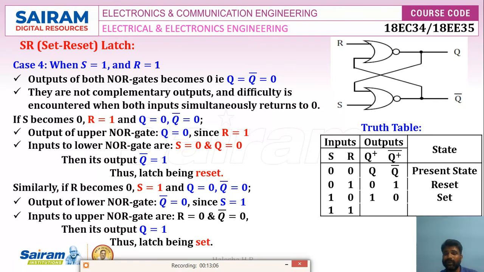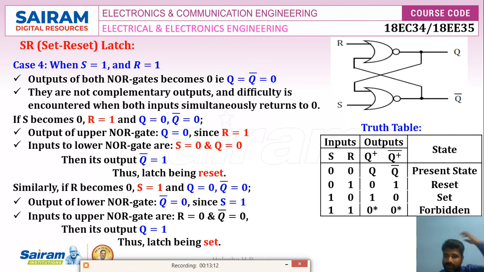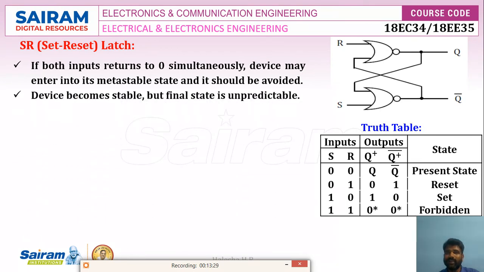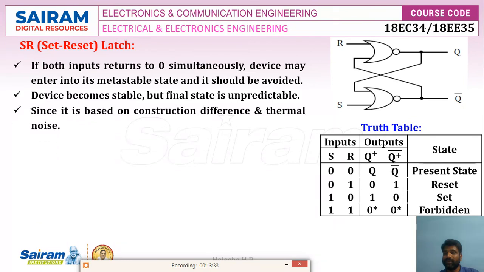If both become 0, it enters into a metastable state. So that is why we call it a forbidden state, that is 0, 0, since both the NOR gates force their output to be 0. Clear? So if both inputs return to 0 simultaneously, the device may enter into a metastable state and it should be avoided. The device becomes stable, but the final state is unpredictable.